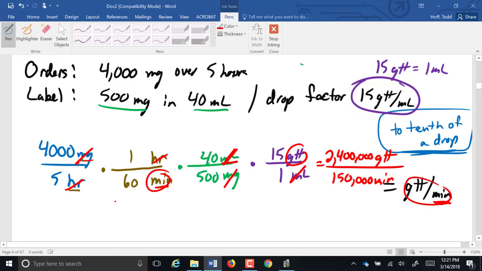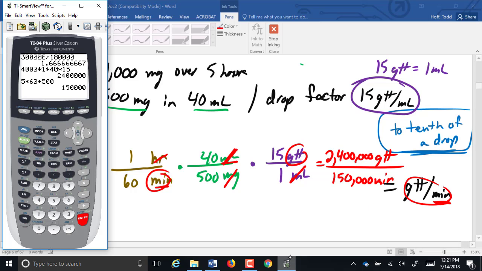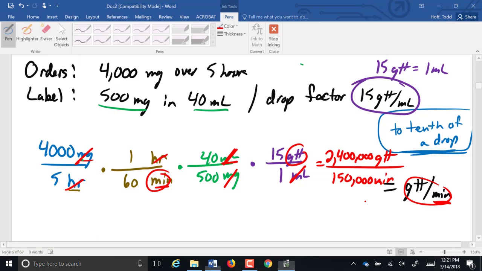That is correct. And now we have to divide that out. 2.4 million, 2,400,000, divided by 150,000 gives us 16 drops per minute.